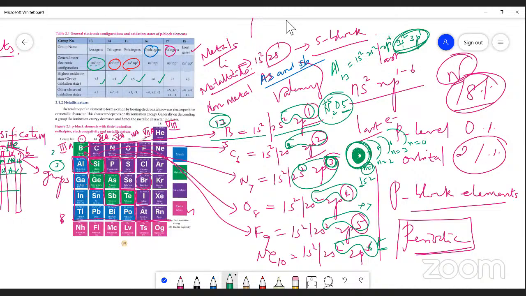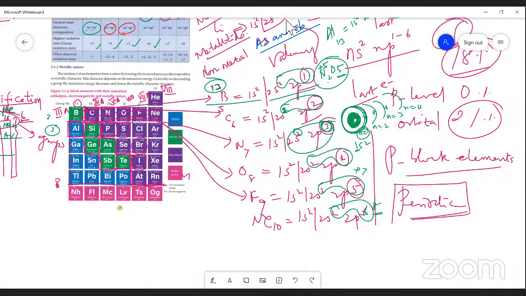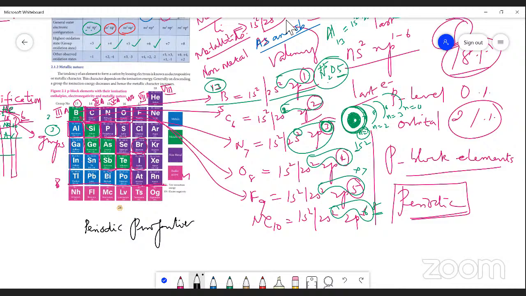Now, while we are moving down the groups, the elements, their electronic configuration, their chemical properties and physical properties change, which we have studied in periodic classification, based on the periodic properties.